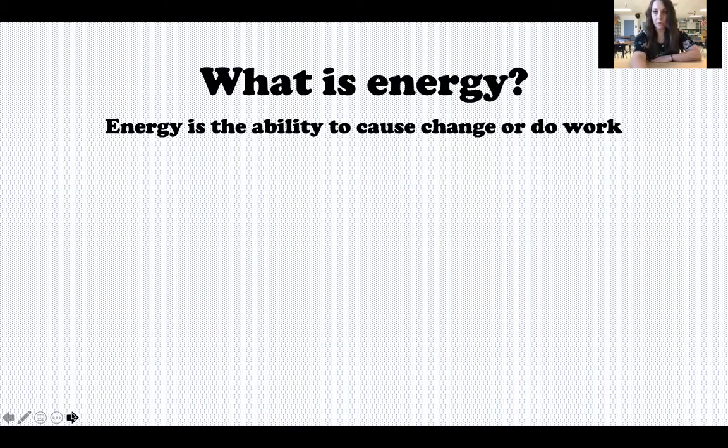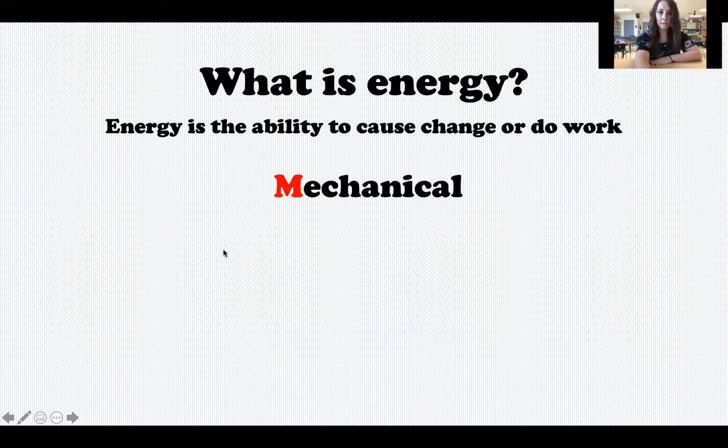So hopefully you remember, energy is the ability to cause change or do work. And I gave you an acronym, the word MELT, that has 5 letters, and each of those letters stands for a different form of energy that we're learning about in 4th grade. Hopefully you remember the M in MELT stands for mechanical energy, which is the energy of motion or movement.